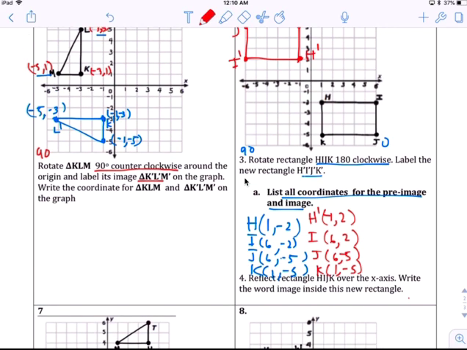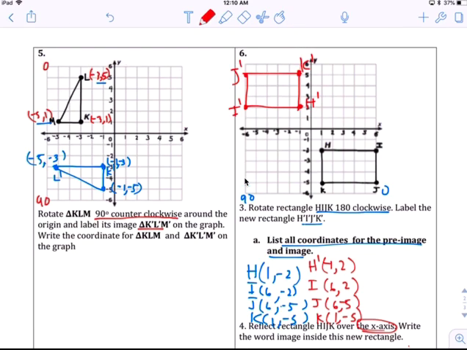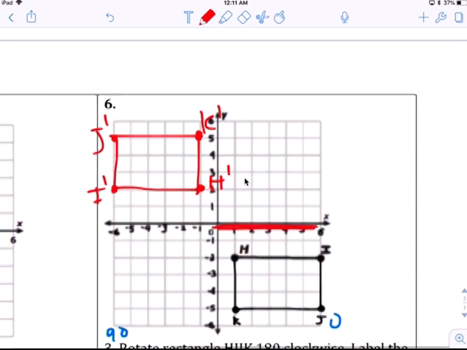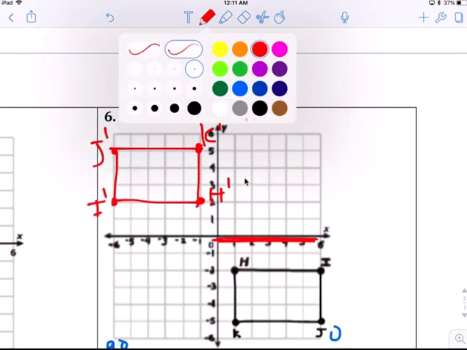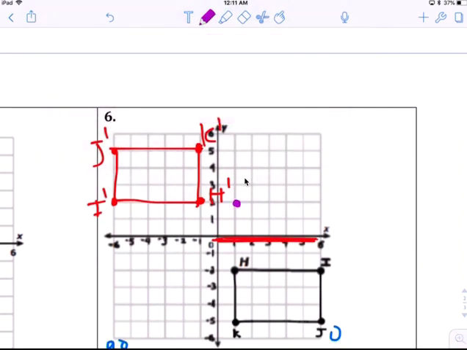Reflect HIJ over the x-axis. Okay, reflect this over the x-axis. Count 2. Count 2. Count 5.